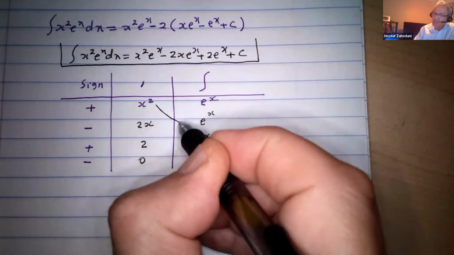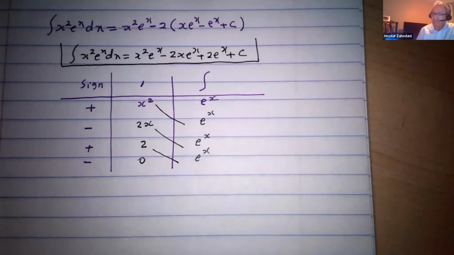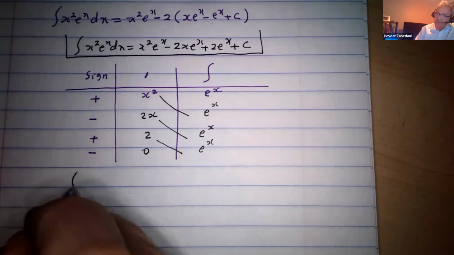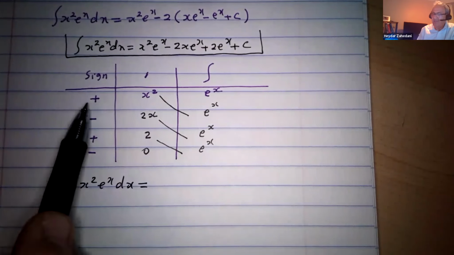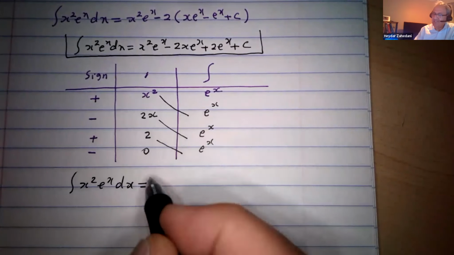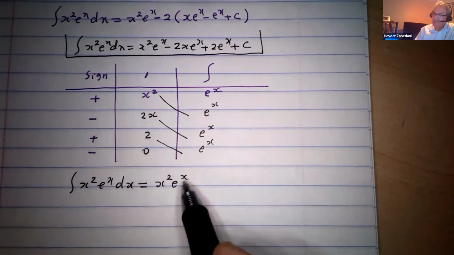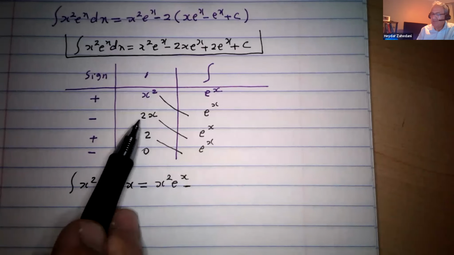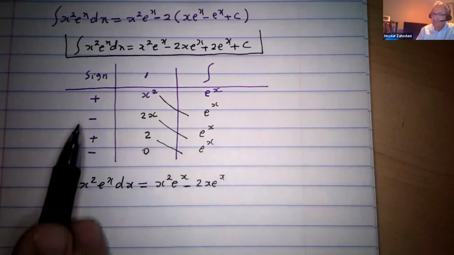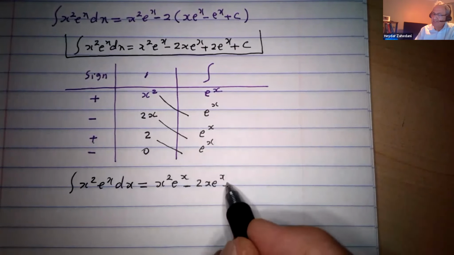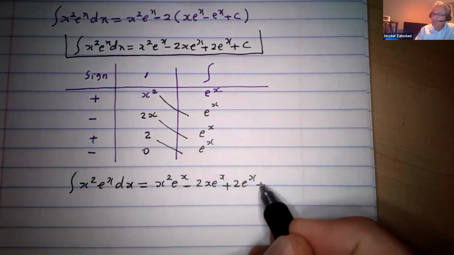You multiply these two together, and these two together. So what's going to be the result? The integral of x squared e to the x dx is equal to positive x squared e to the x, minus the second group, 2x e to the x, plus 2e to the x, plus the constant c.